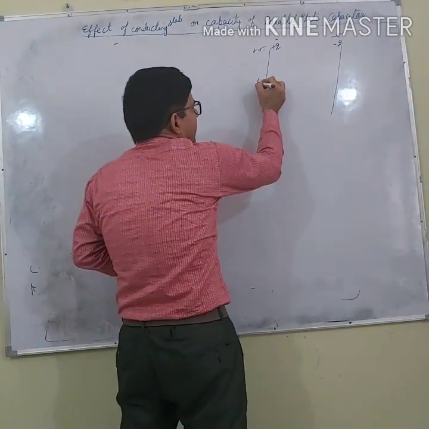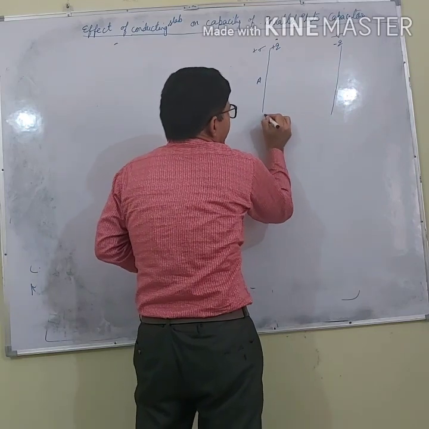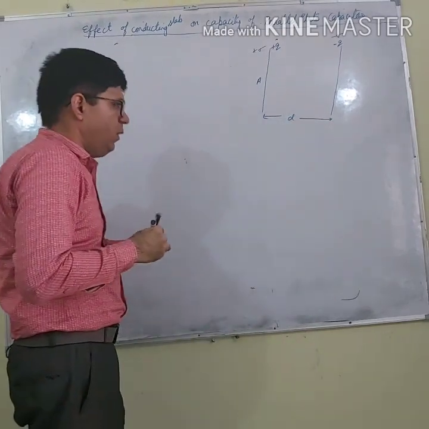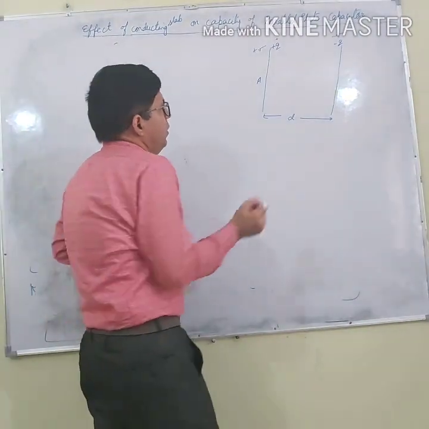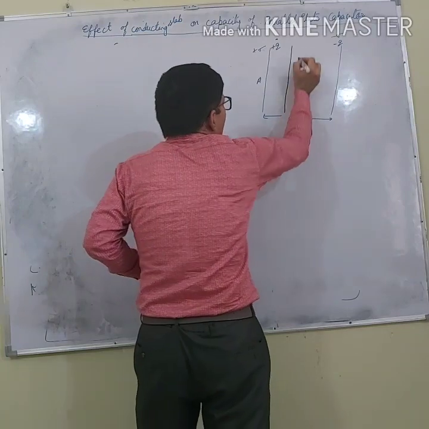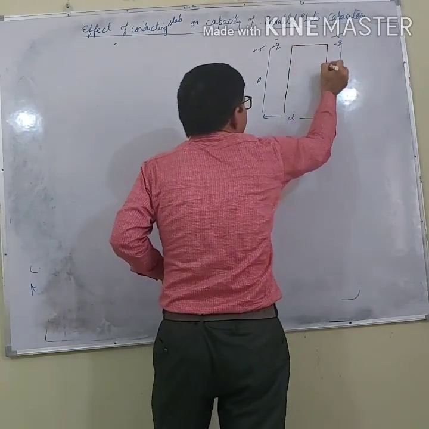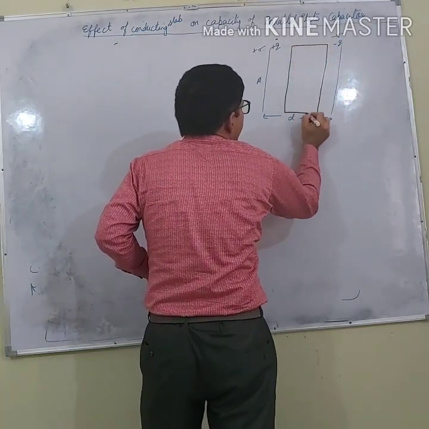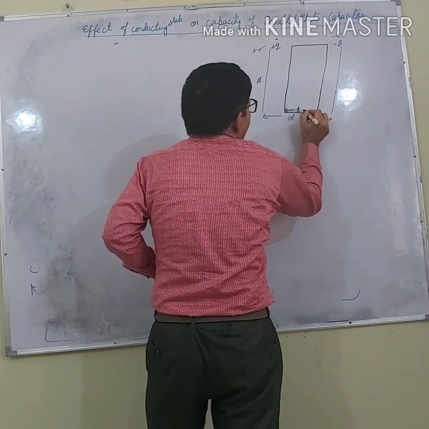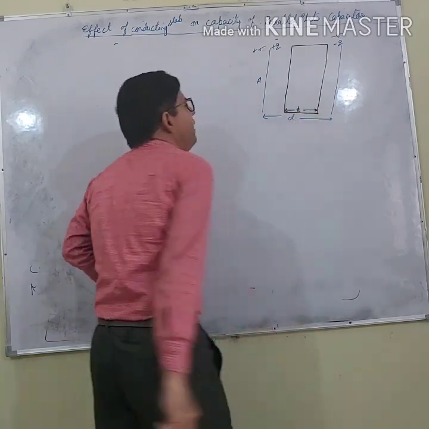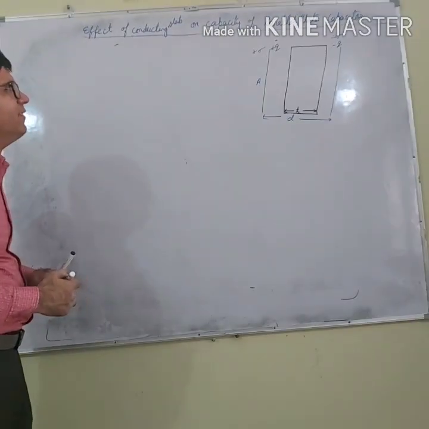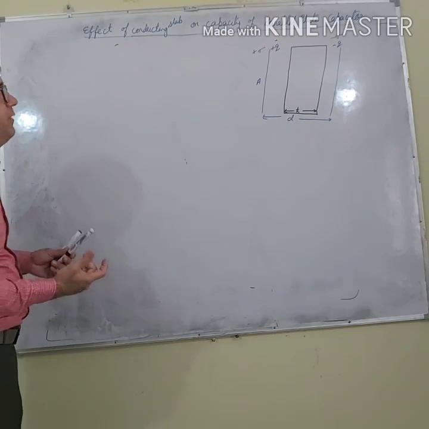Let A be the area of each plate and D the separation between the plates. Now a conducting slab of thickness T is introduced between the plates of the parallel plate capacitor. What happens in this case? Let's check it out.